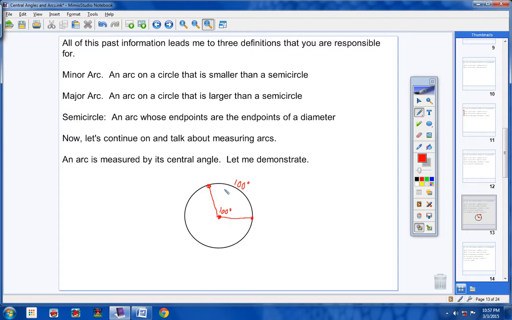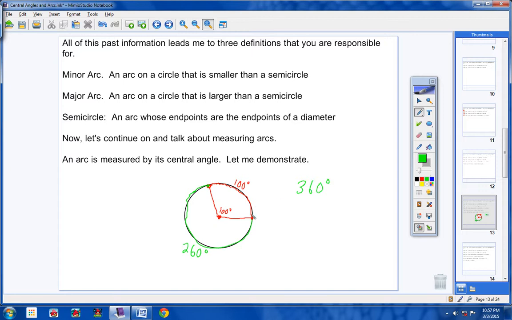180. For example, if this arc here is 100 degrees, doesn't it make sense then that this arc that goes from here to here is going to be what? 260 degrees. Mr. Earhart, how'd you know that? Well, I just told you, when you start here and go all the way around a circle completely, that's 360 degrees.